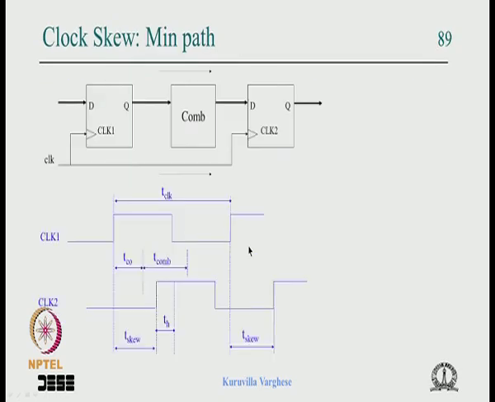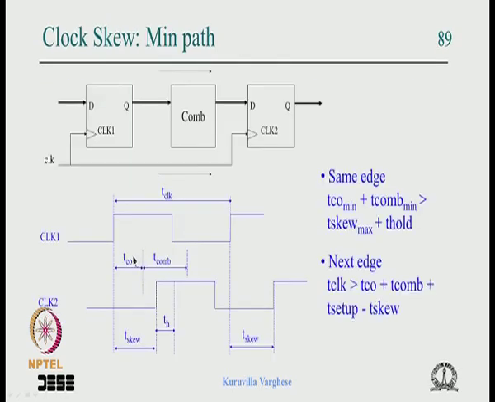But in a min path problem it is not related to the clock period at all, because we are talking about the same edge of the clock, or edges which are delayed by the skew. So the only way to avoid a hold time violation is to increase the combinational delay or the logic delay.